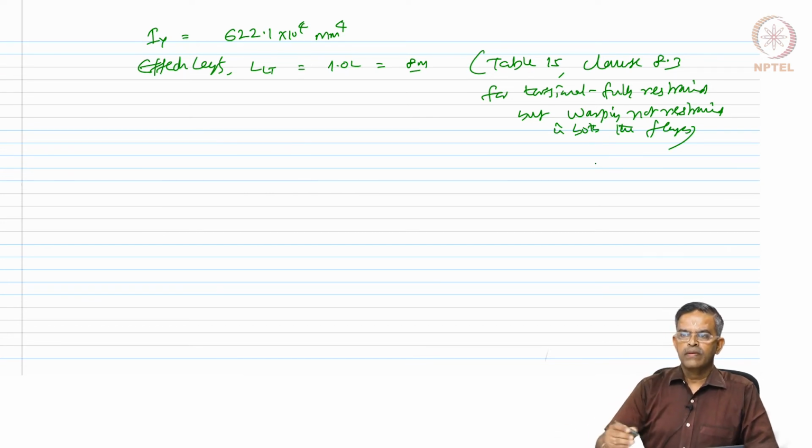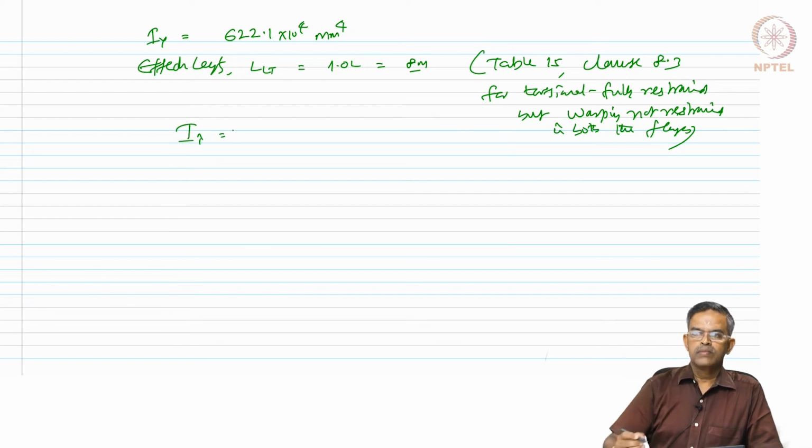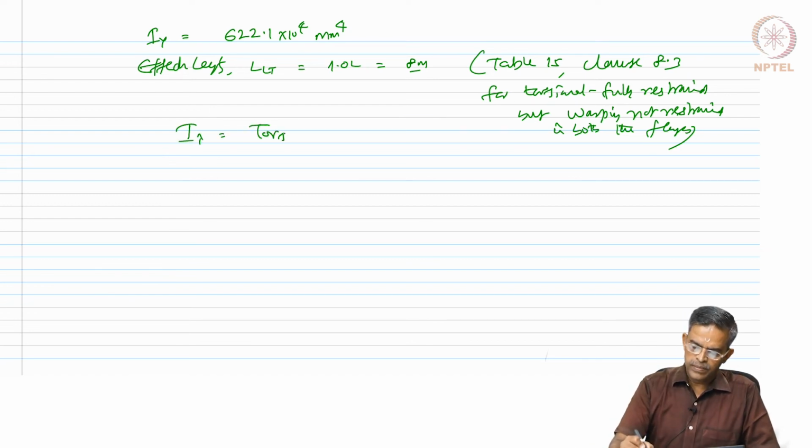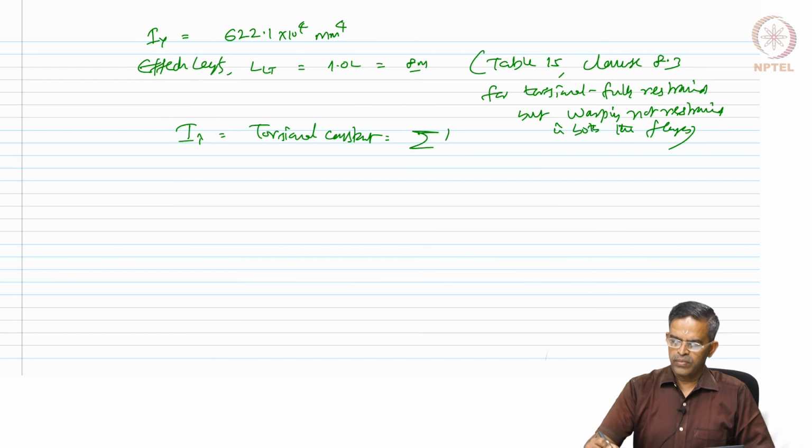Okay. So, It, torsional constant, which is summation of bi ti cube by 3. This is for open sections.